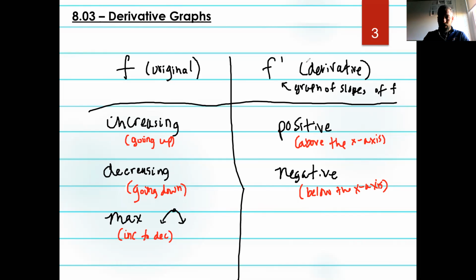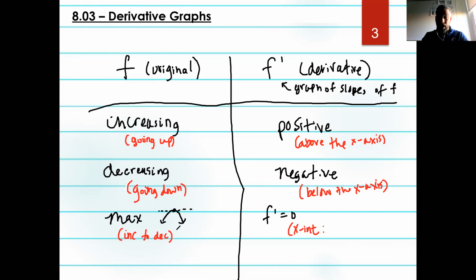And if that happens, what is the slope going to be at that maximum? Think about the slope. Well, the f prime value, the slope, is going to be 0. What does it look like when I graph a y value of 0? What that looks like is we're going to have an x-intercept.